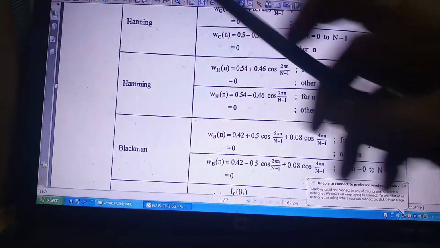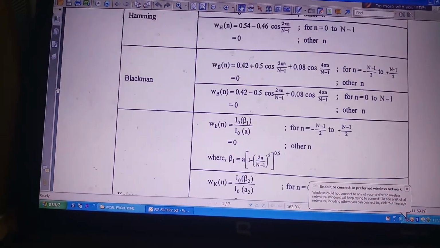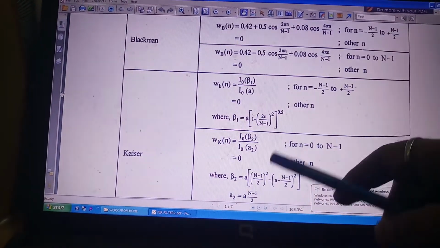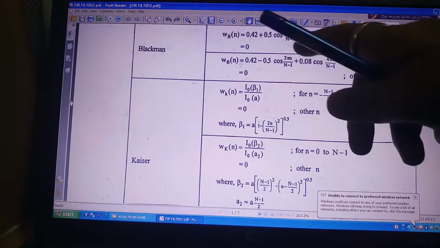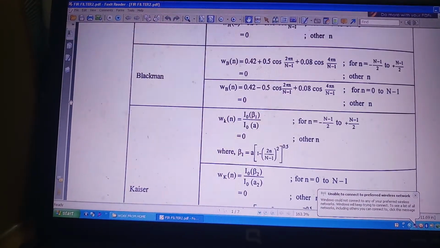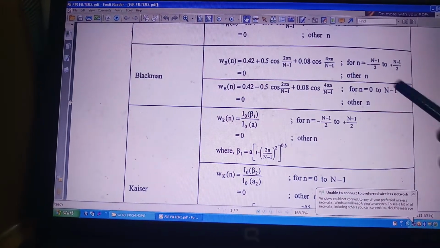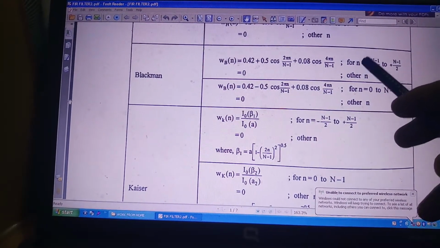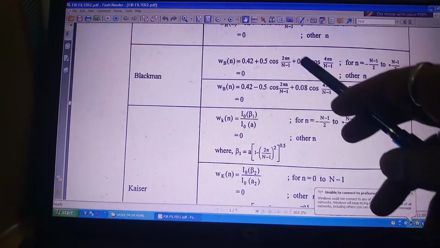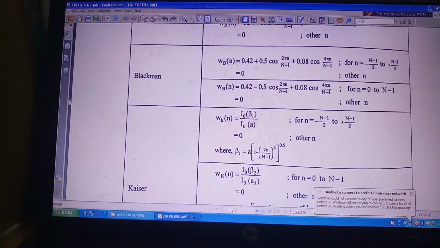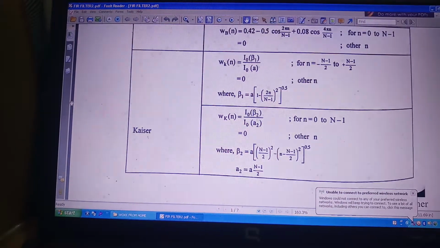Hanning and Hamming are very important for exam purposes. Then we have the Blackman window and the Kaiser window. The window coefficients are calculated in this manner for 0 to N minus 1, and from minus (N minus 1) by 2 to plus (N minus 1) by 2, using this expression. The similar thing is for the Kaiser window.